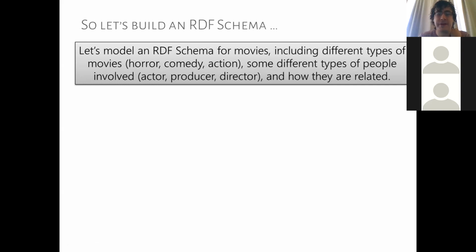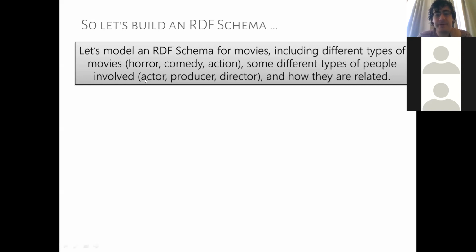Or we might prefer to define these as classes. We might define a horror movie as a class, a comedy movie as a class, and an action movie as a class, and define, for example, action movie to be a subclass of movie. Two different options, and both are quite valid. There's no real problem with either.